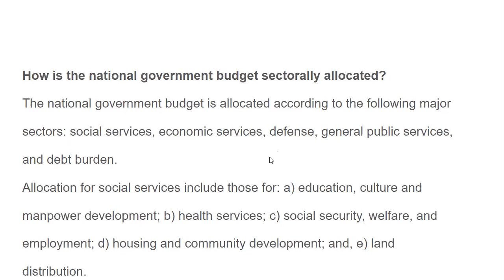Allocation for social services includes those for education, culture, and manpower development, health services, social security, welfare, and employment, housing and community development, and the last is land distribution.